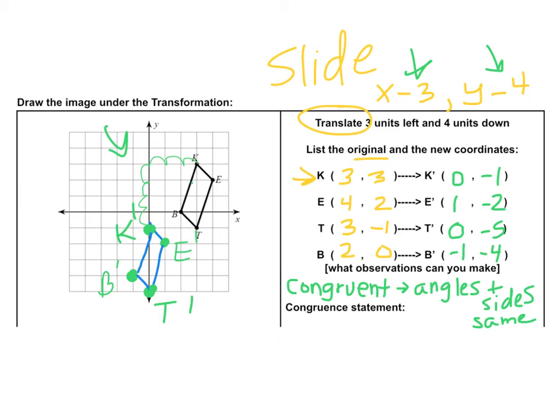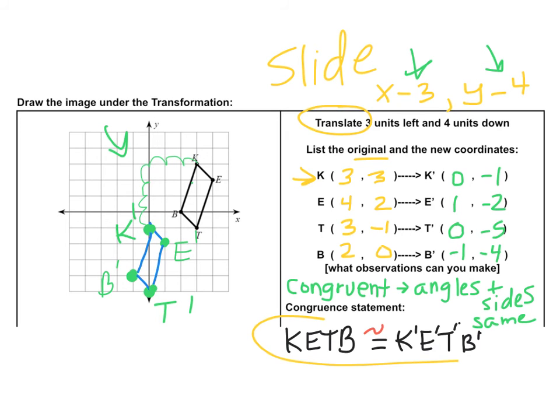So that means we take our original letters. So K, E, T, B. Do you remember the congruency symbol? It's an equals with a squiggle on top. So it's congruent to K prime, E prime, T prime, and B prime. All right, so make sure you also have your congruency statement.